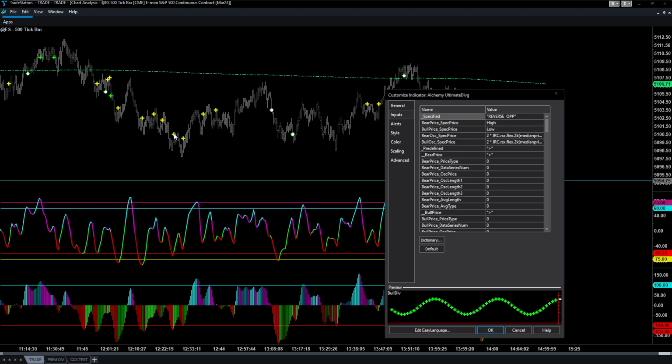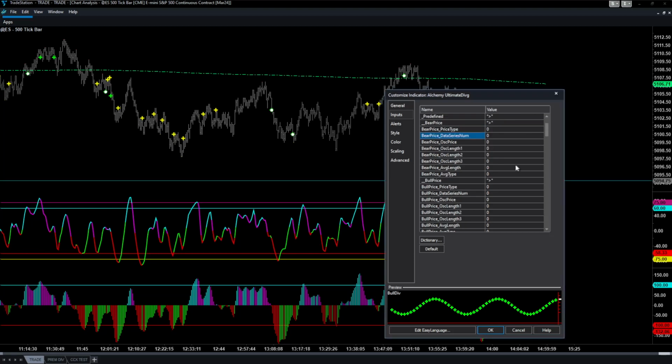So anyway, of course, you can manipulate these numbers. If you increase the length, it's going to reduce the number of signals. But the thing that I believe is the most critical setting here using reverse divergence is the minimum bars between the signals. So I've set this very high, 100 bars, minimum bars between the pivot bars.